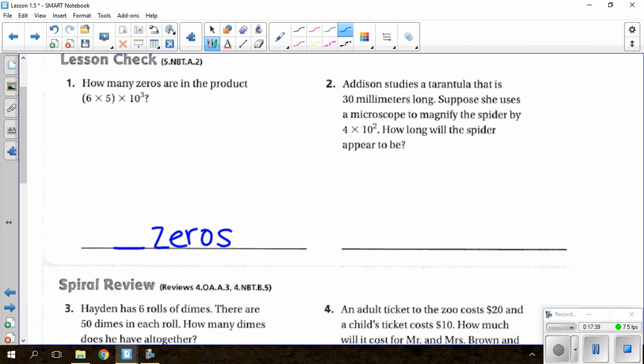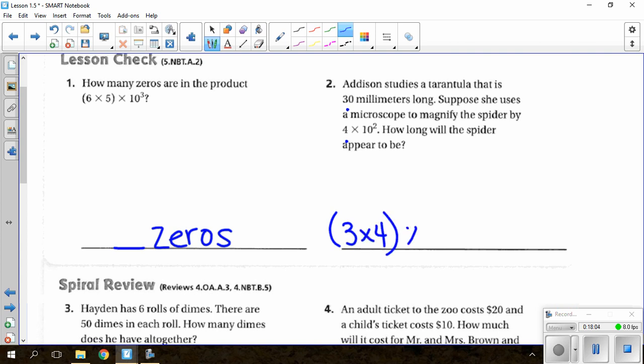For number 2, Addison studies a tarantula that is 30 millimeters long. Suppose she uses a microscope to magnify the spider by 4 times 10 to the 2nd power. How long will this spider appear to be? So for this one, ladies and gentlemen, I know to get my basic fact, I'm taking the 3 times 4.